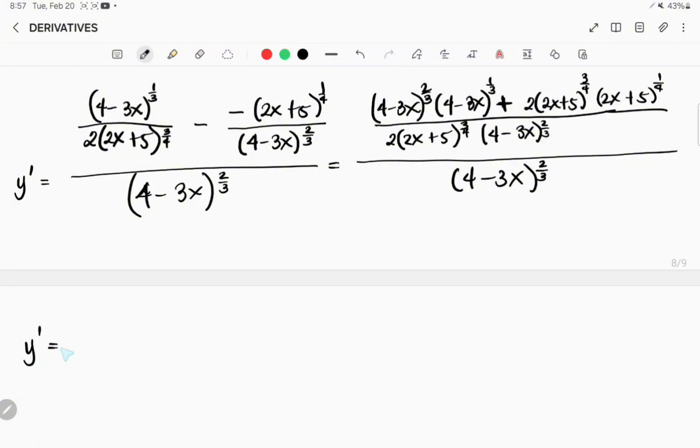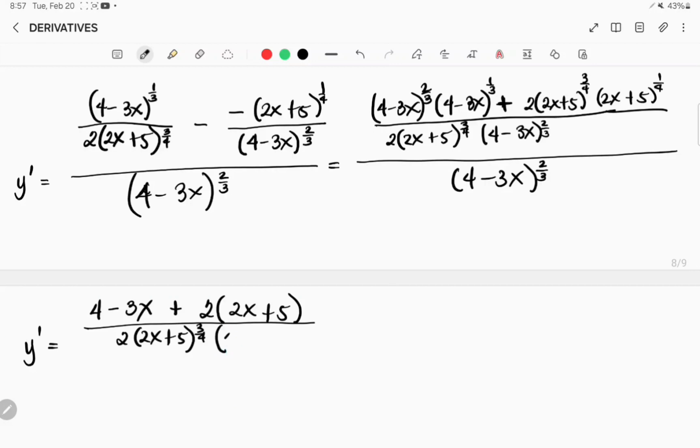It will give us y prime equal to, so the numerator of the numerator is 4 minus 3x raised to 1, so that's it, plus 2 times 2x plus 5 raised to 1, because we're adding 3/4 and 1/4, which is equal to 1 here, over the denominator 2 times 2x plus 5 raised to 3/4 times 4 minus 3x raised to 2/3, all over the denominator of 4 minus 3x raised to 2/3.